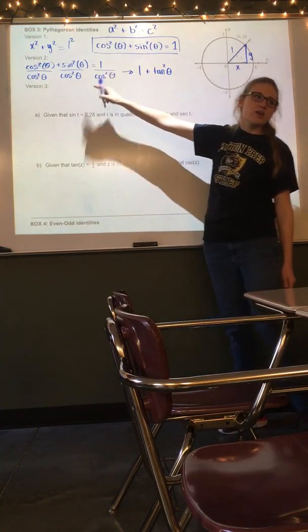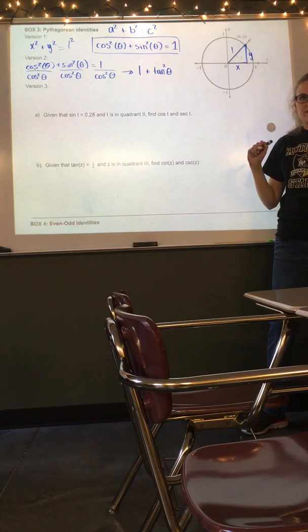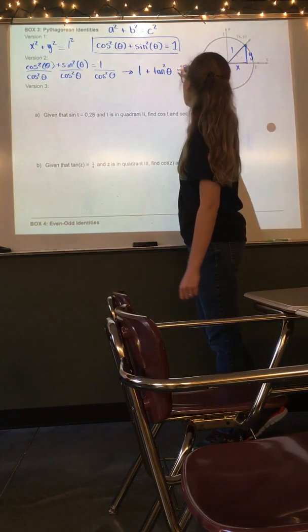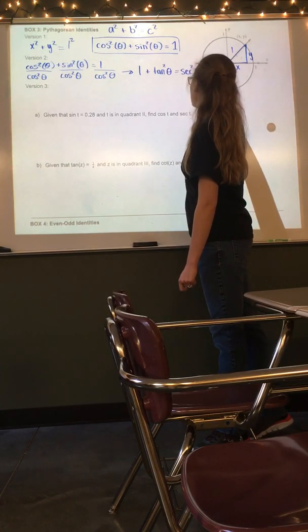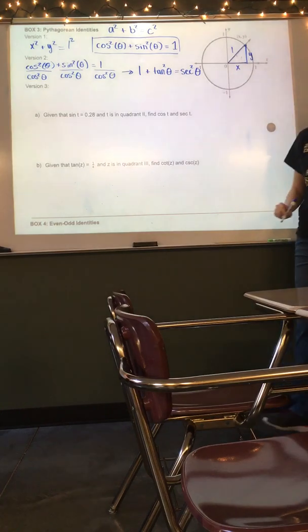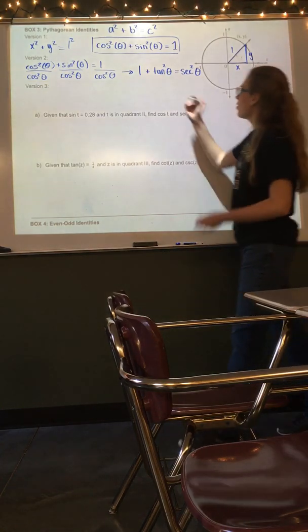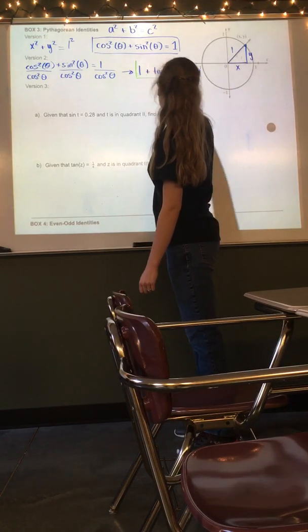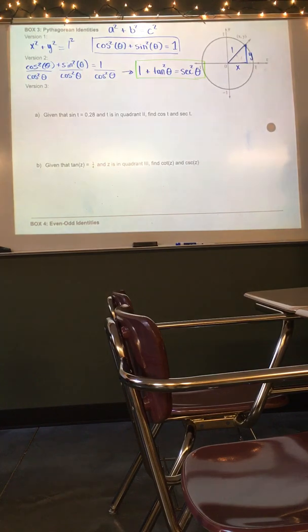And 1 over cosine, what's the reciprocal of cosine? Secant. So 1 over cosine squared becomes secant squared. And that's version 2. 1 plus tangent squared equals secant squared.